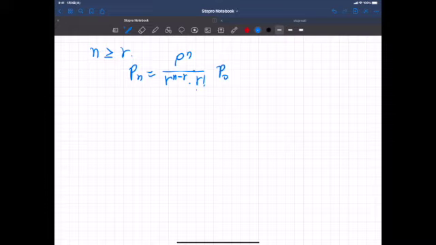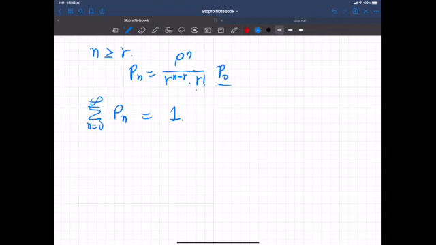So we can express all the terms of this probability mass function in terms of p0. I hope you already know how to determine the value of p0 now. Of course, it comes from the normalization. So if we add all those terms, it should be equal to 1.